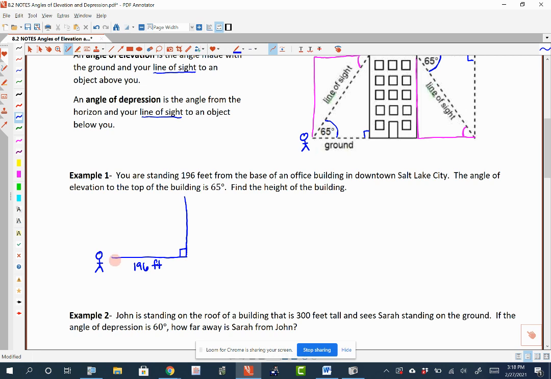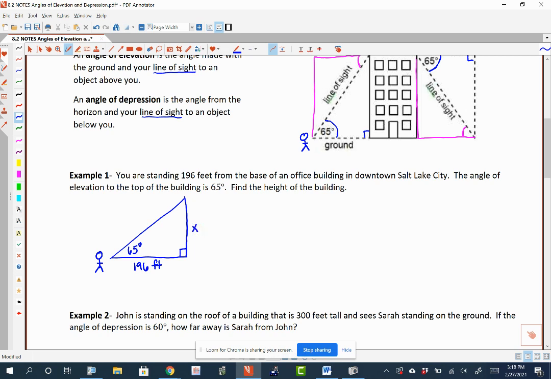And you're looking up to the top of that building. Instead of looking across, you're elevating your eyes and looking up at the top of the building. This angle here would be my angle of elevation. And I would like to find how tall this building is.